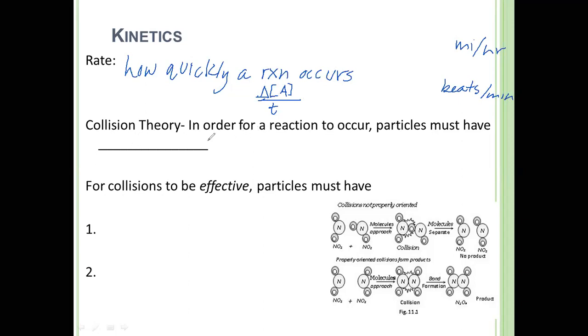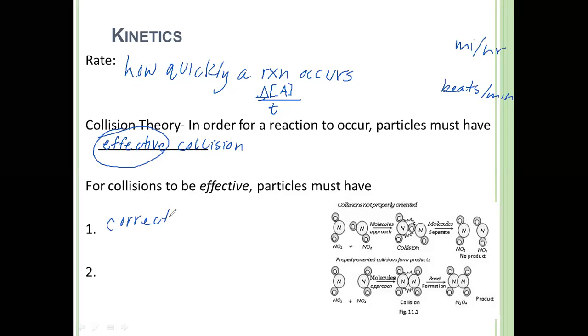In order for a reaction to actually occur, particles must have an effective collision. So particles are constantly bumping into each other, but not all those collisions actually cause a reaction to occur. They have to be what's called effective. So in order for them to be effective, particles must have the correct position.